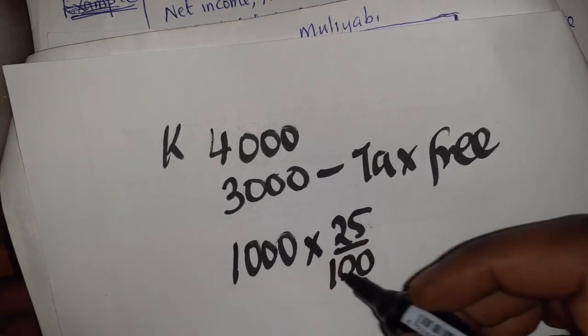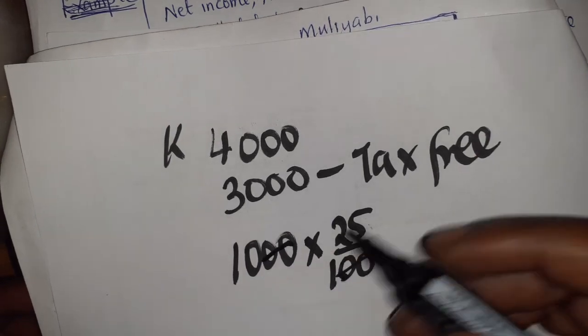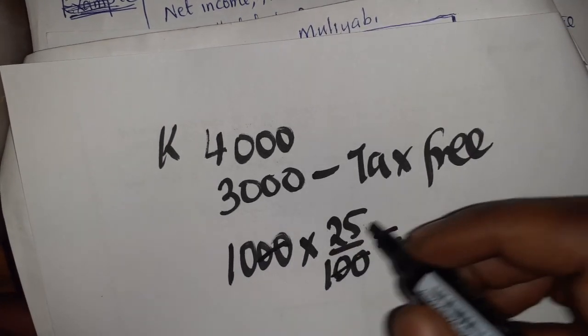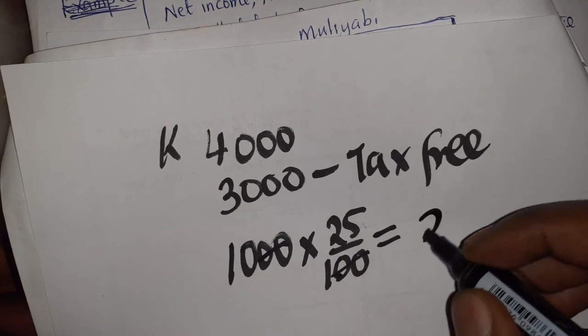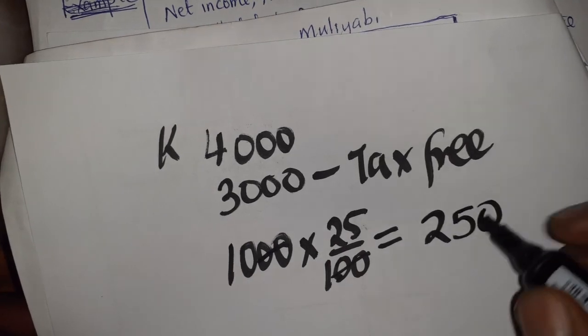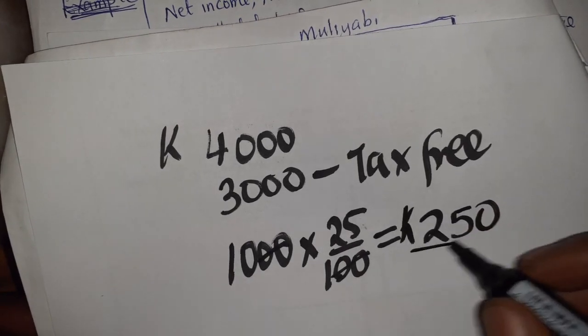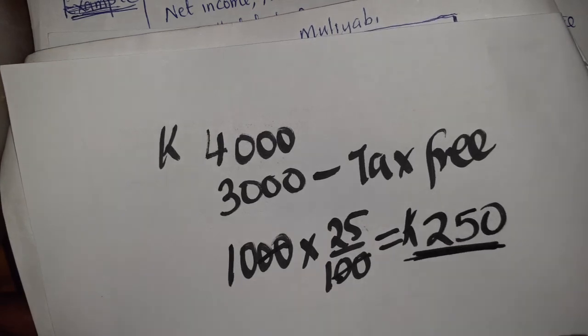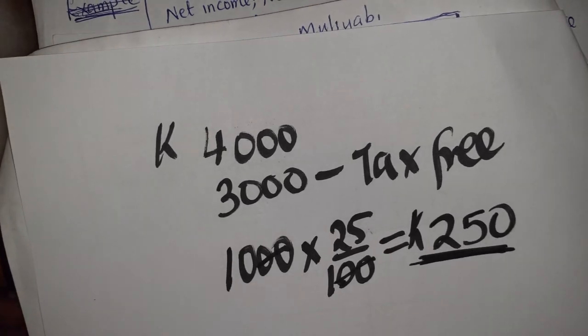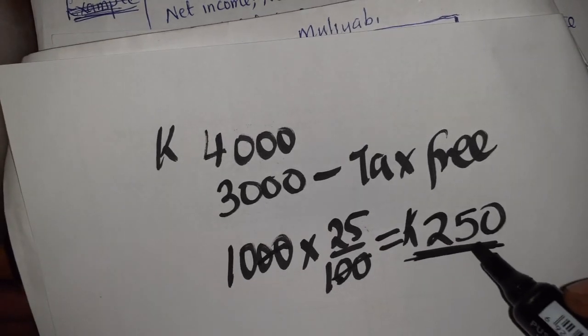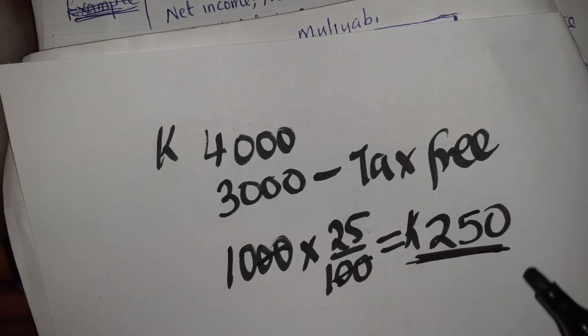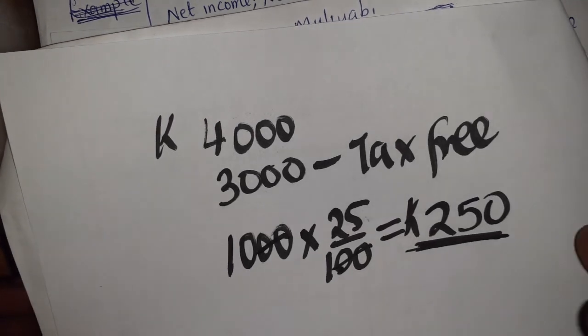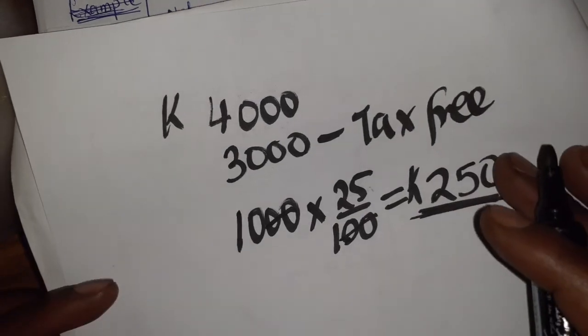So we calculate here. You just knock out these two zeros and these two zeros. How much are we going to get? We're going to get 250. So this is the tax that Tapiwa pays. So this one goes back to government. So what remains?